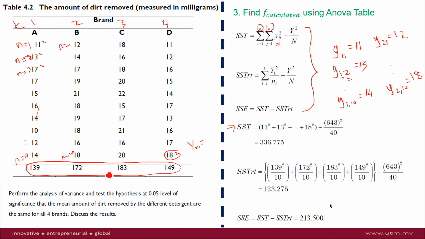This number is the total value for every brand. So 139 plus 172 plus 183 plus 149, you will get 643. That is your big Y dot dot. And remember your capital N is equal to 40, so you divide it by 40. This would be the value for your SST.